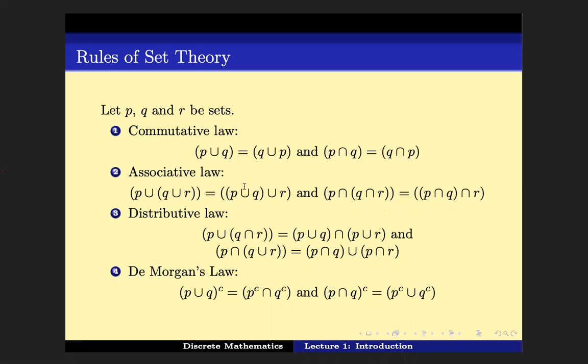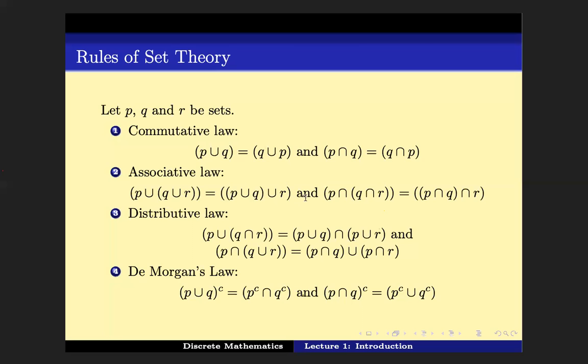The associative law is a similar thing, where you can say P union Q union R. Basically I have a bracketing here. You first take a union of Q and R, then take a union of the resulting set with P. This is the same as first taking P union Q and then taking a union with R. This is called the associative law.